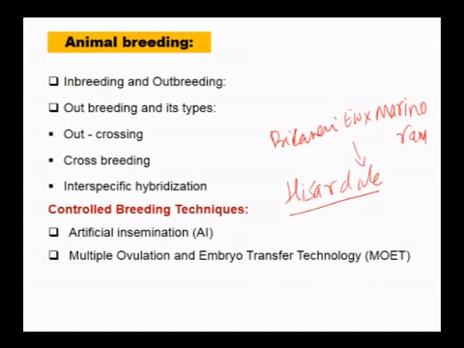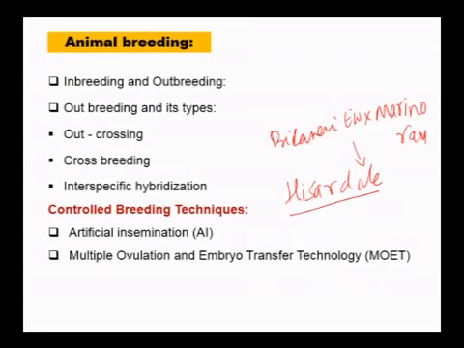Next, interspecific hybridization. Interspecific hybridization is crossing two different species belonging to the same genus. Interspecific hybridization is difficult as the progeny obtained in most of the cases are not fertile.